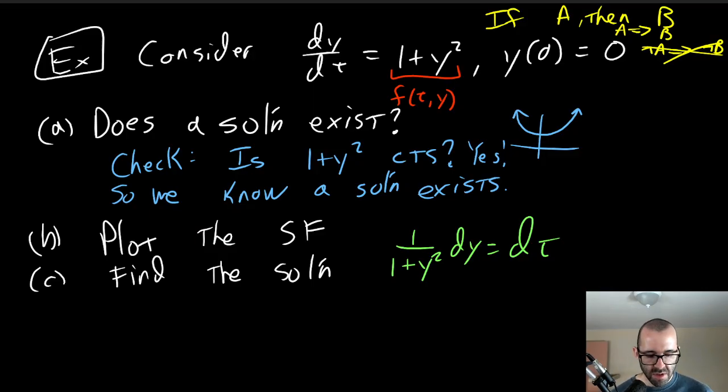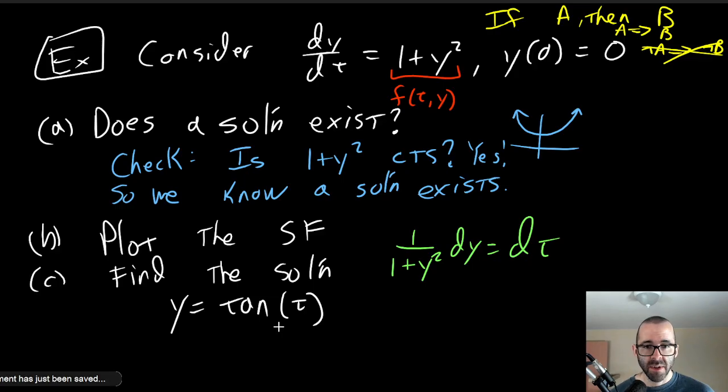Once you've paused the video and solved this out, you should get that y is equal to tangent of t plus c, but your initial condition means c is equal to 0. So our solution to this differential equation is tangent. And so yes, a solution exists, but a solution does not exist for all time.